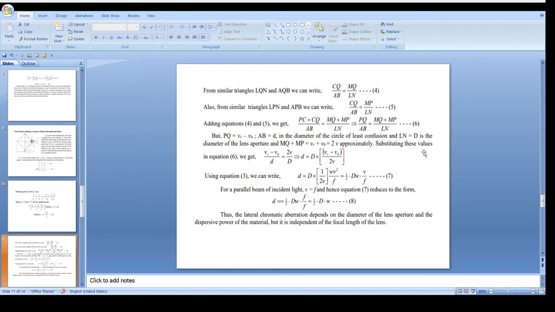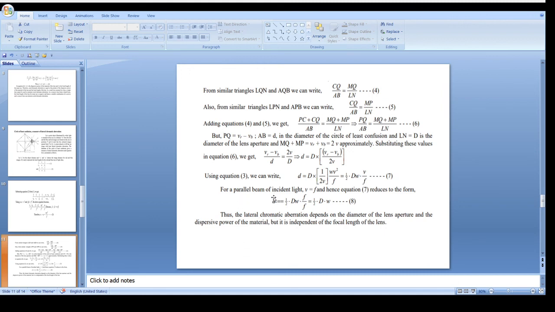Substituting these values in equation 6, we get VR minus VB divided by small d equals 2V divided by capital D, so small d equals capital D into VR minus VB divided by 2V. Using the third equation, we can write d equals D into 1 divided by 2V into omega V square divided by F, equals 1 divided by 2 D omega into V divided by F. This is the seventh equation.